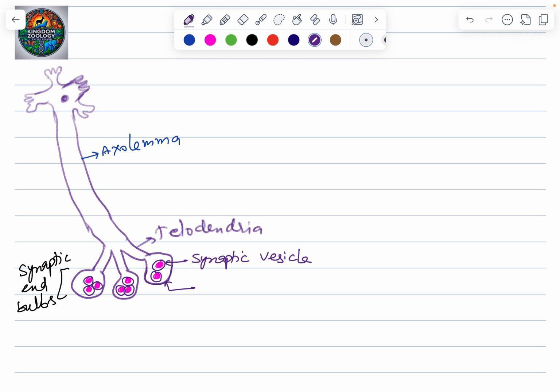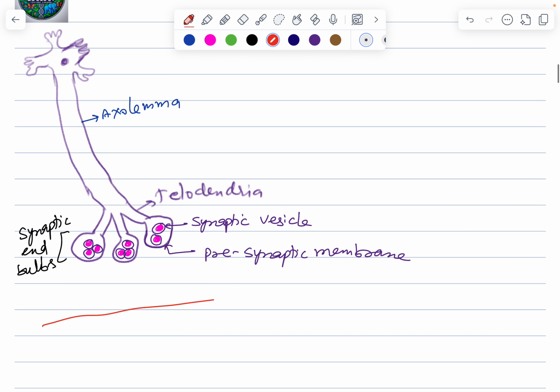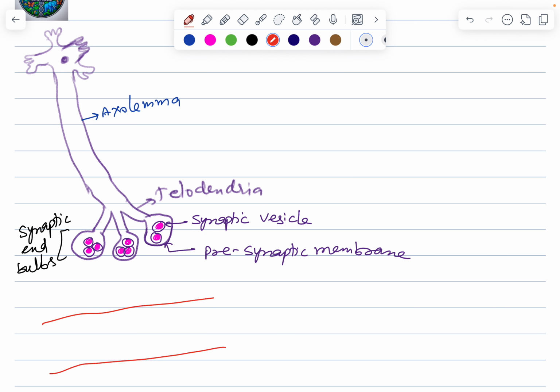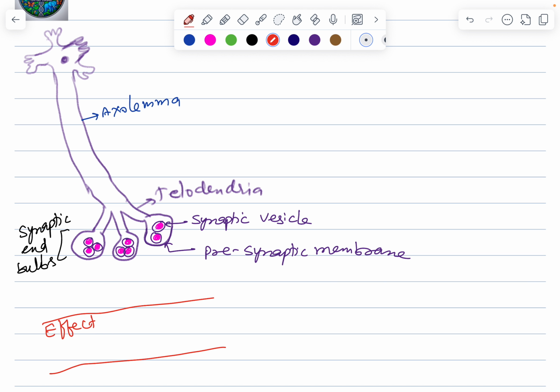The cell membrane of the synaptic end bulb is called the presynaptic membrane, and since it's a neuron, it's obviously going to control the actions of some organ of the body. The organ whose actions this neuron is going to control is called the effector organ.